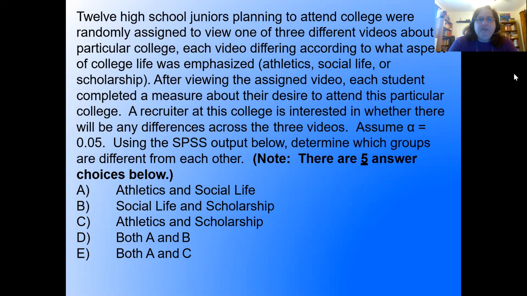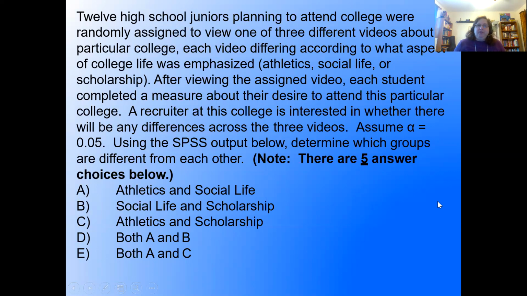After viewing the assigned video, each student completed a measure about their desire to attend this particular college. A recruiter at this college is interested in whether there will be any difference across the 3 videos. Assume alpha is 0.05. Using the SPSS output below, determine which groups are different from each other. Note, there are 5 answer choices below.